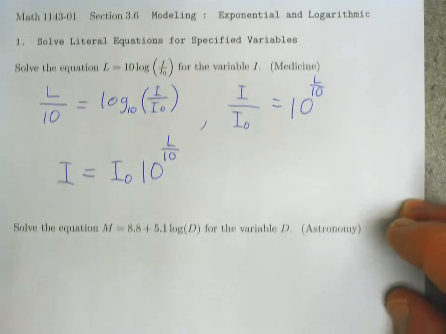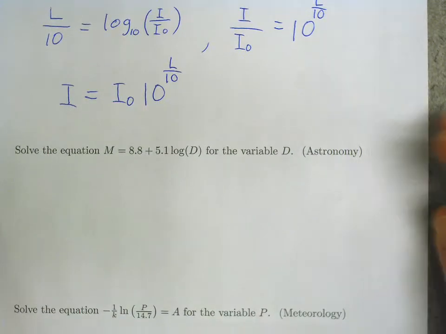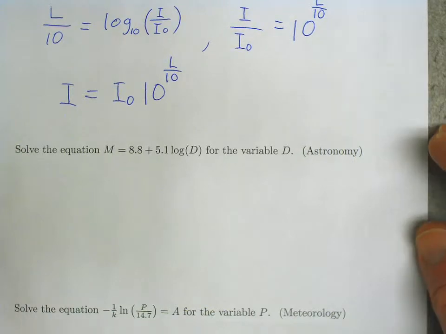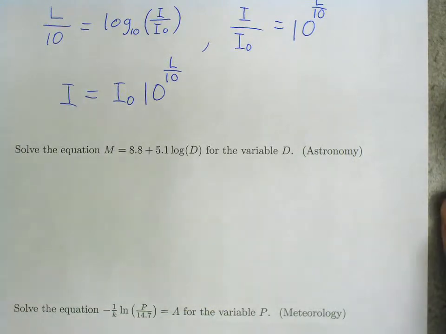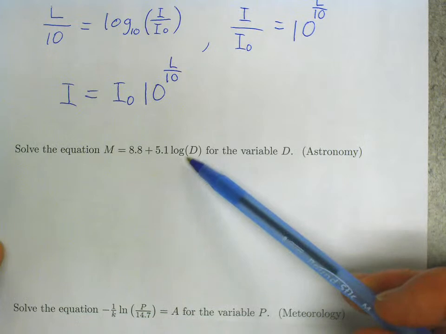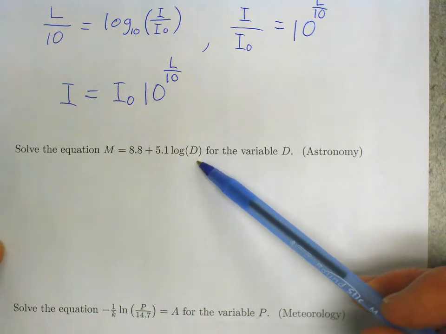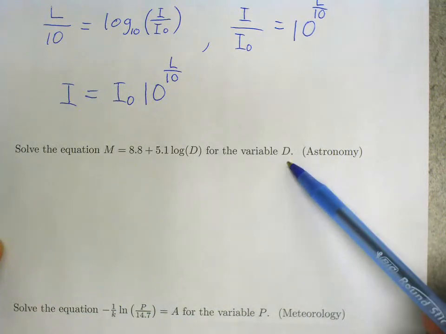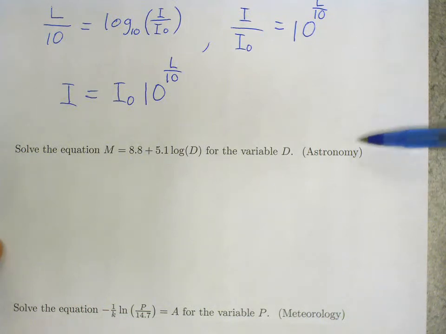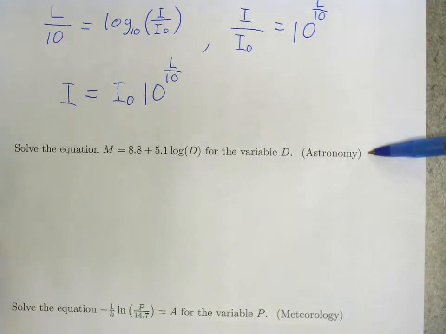The next equation, solve the equation capital M equals 8.8 plus 5.1 times the base 10 logarithm of capital D. Solve this for the variable D. So this comes from the field of astronomy.